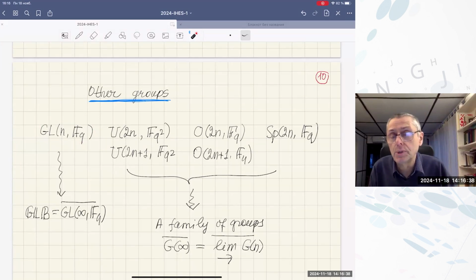Again, a key role is played by an analog of a Borel subgroup, which is an open compact subgroup and determines the topology. And so in this way, you get a certain number of families of topological and locally compact groups.